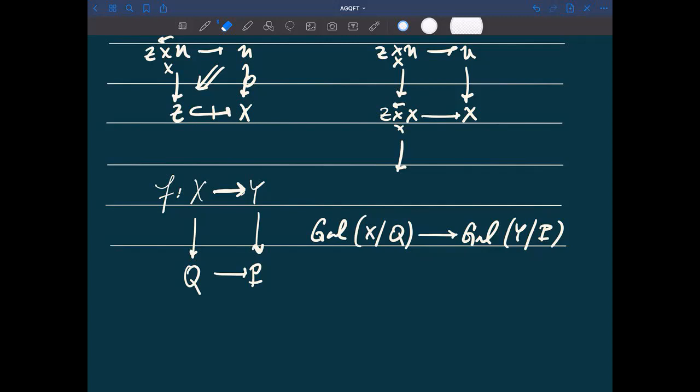But you can try to be a little bit more well-behaved, and you can ask, what if I'm allowing, usually when I have an algebraic map, I have singular fibers, and I'm forcing you to stratify those fibers.